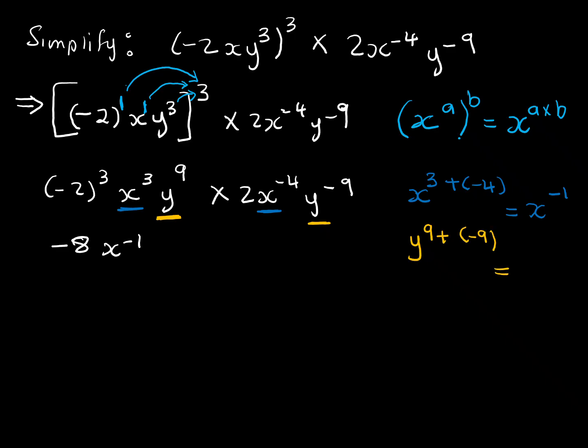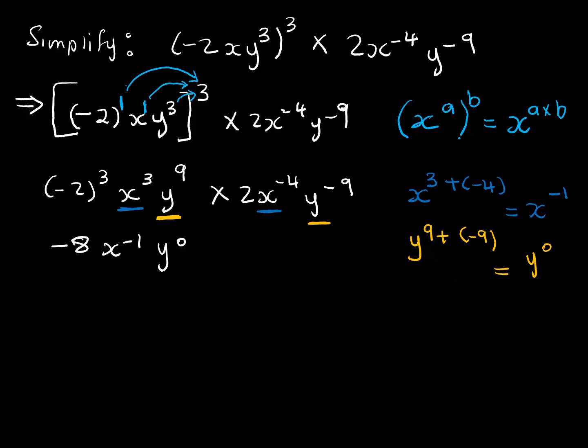So it's the same as saying 9 minus 9, because when you multiply out the brackets with the positive, you get a negative. So this will be y to the power what? This will be y to the power 0. So we can substitute that as y to the power 0.